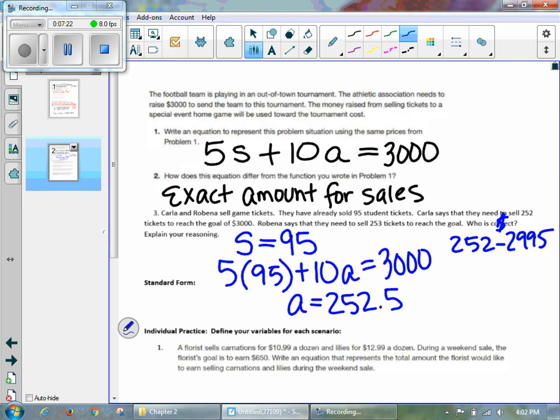So then I tried to round up to 253. When I rounded up and calculated 253 adult tickets, I calculated a profit of $3,005, which meets the goal. So who is correct? Robina. Robina says they need to sell 253 tickets to reach their goal, and she is correct.